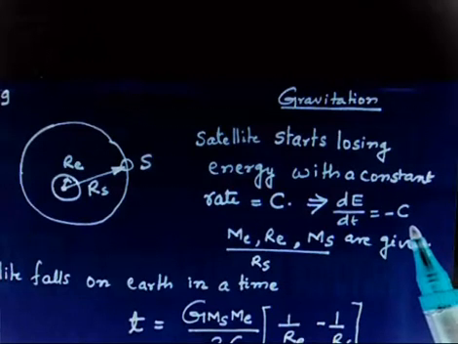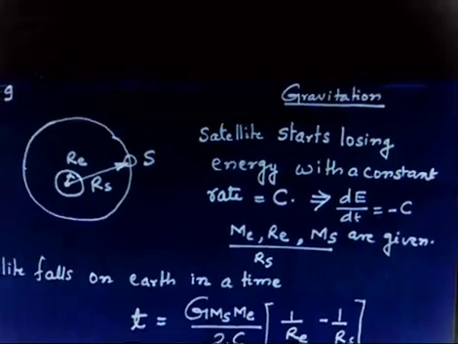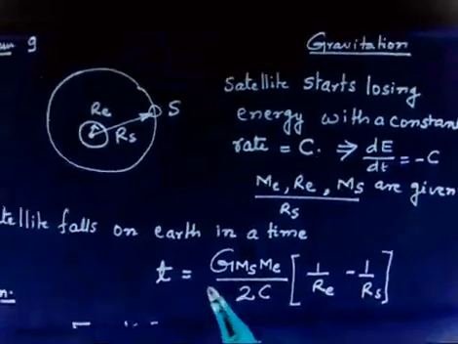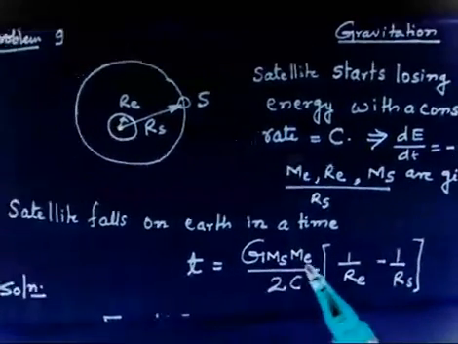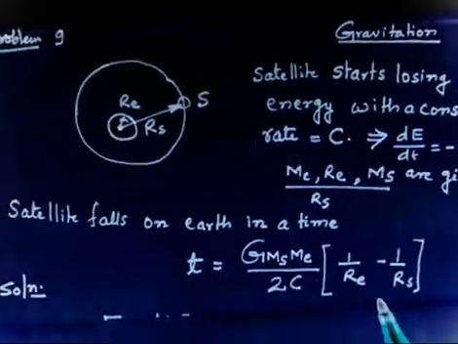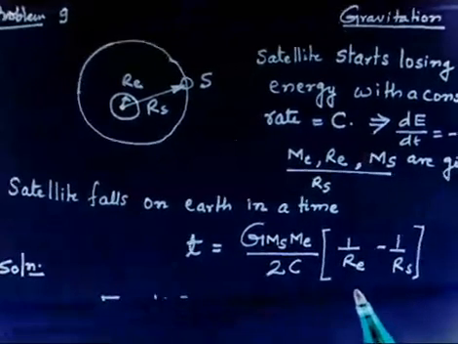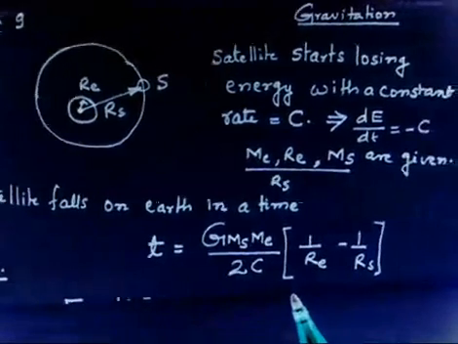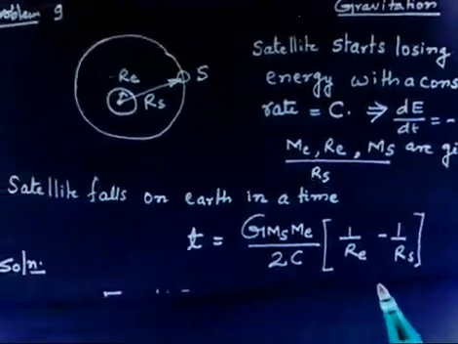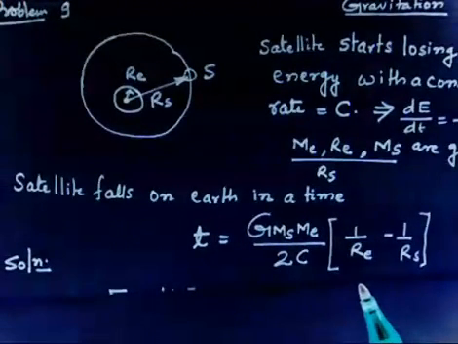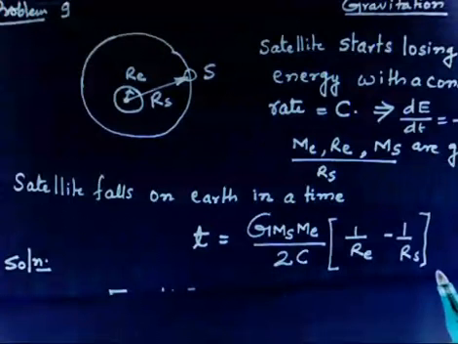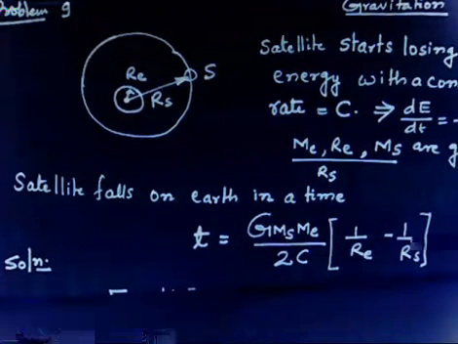Now the question is asking, what is the time required after which the satellite will fall on the earth? This time is given to you, so basically you have to prove that the time required for the satellite to fall on earth is this. How will you do that?